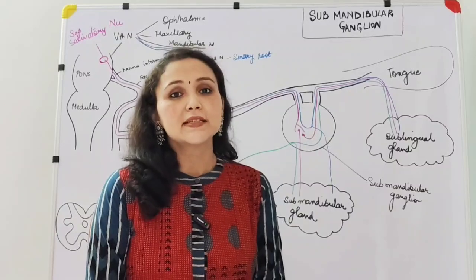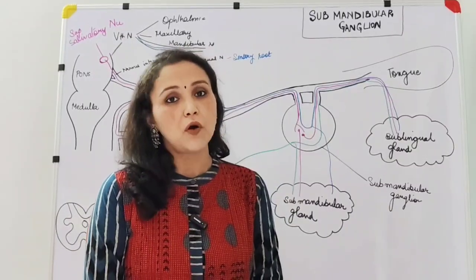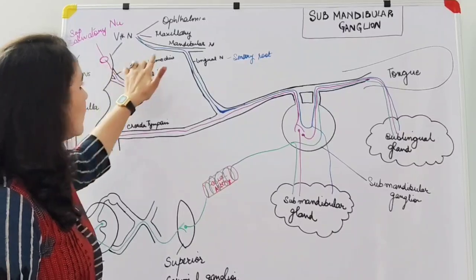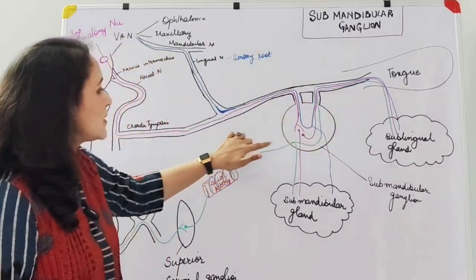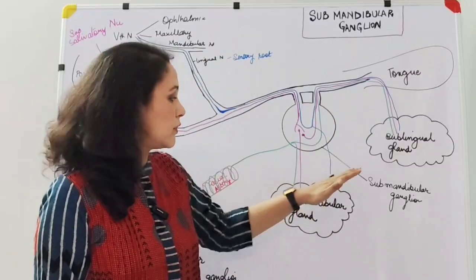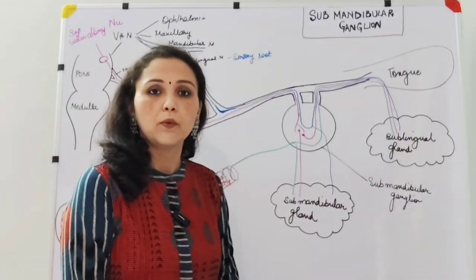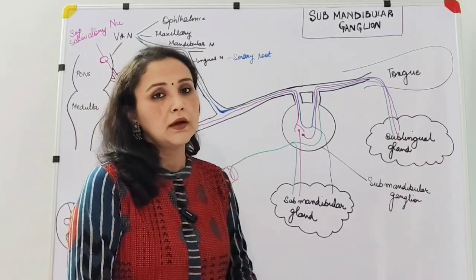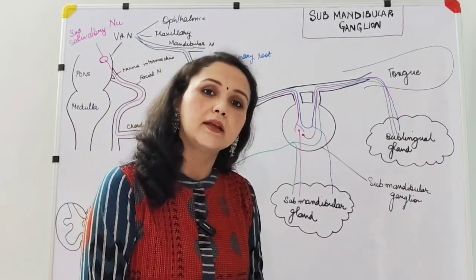That means it is responsible for the production of secretions. So it is this parasympathetic component which is responsible for the production of saliva from the submandibular gland and the sublingual gland.